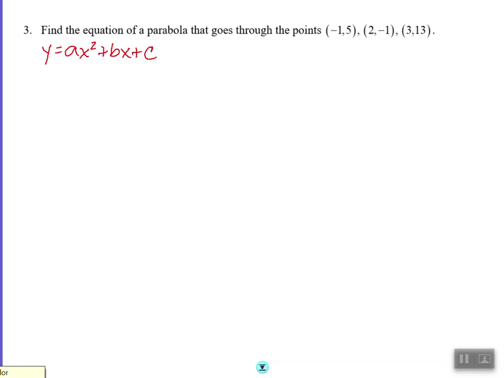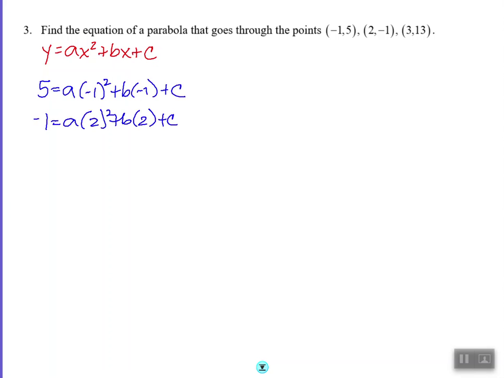So if I plug in the x and y value for each of these points, I get 5 equals a times -1 squared plus b times -1 plus c. -1 equals a times 2 squared plus b times 2 plus c. And 13 equals a times 3 squared plus b times 3 plus c.